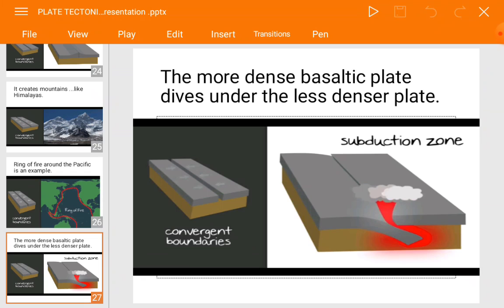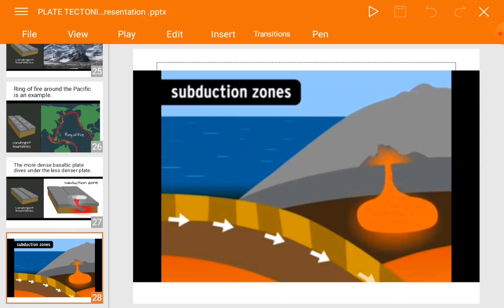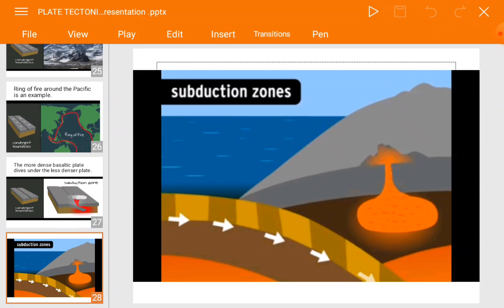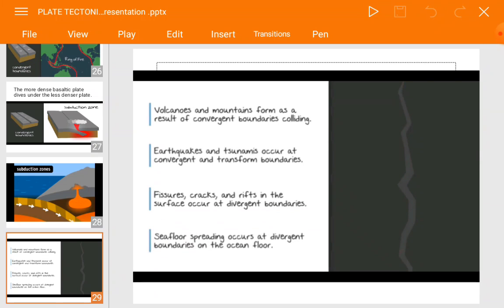The more dense basaltic plate dives under the less dense plate, a subduction zone, in the convergent plate boundary. This is the subduction zone and this is volcanism, which creates island arcs.